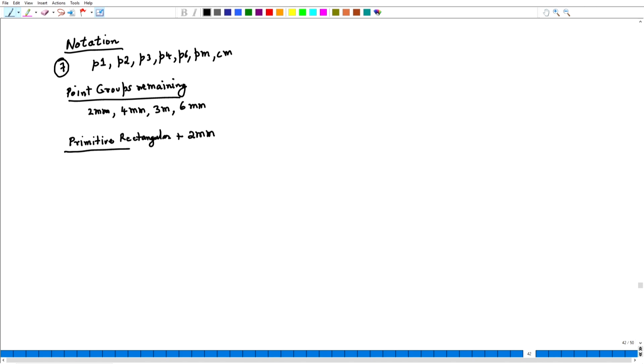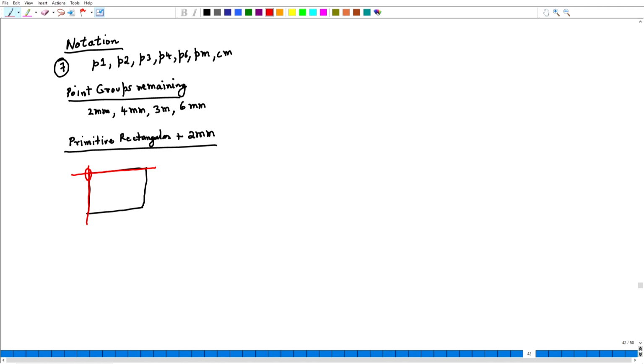If I add 2mm to this, so this is my primitive rectangle, lattice points only at the corners. I add 2mm, which means that I will have a mirror plane here. I will have a mirror plane like this. So, I want to put that two-fold rotational symmetry at the corner. So, this is how the 2mm will be added.